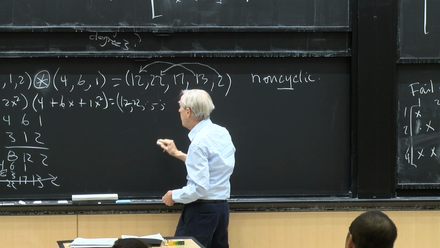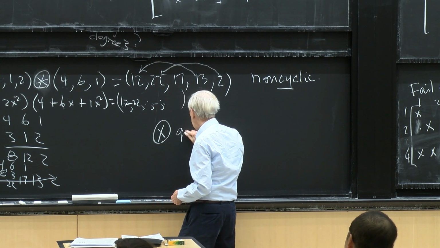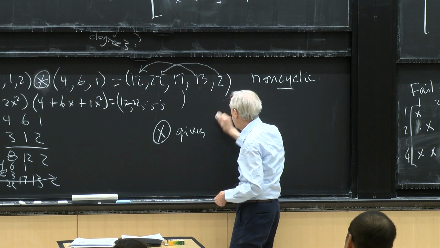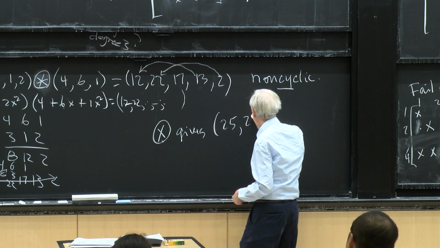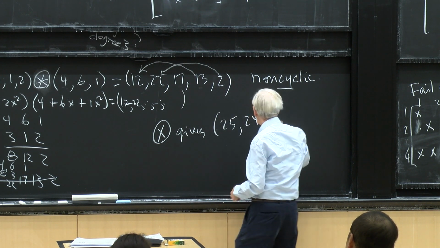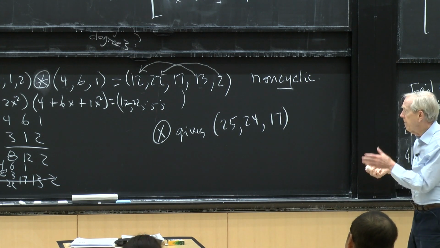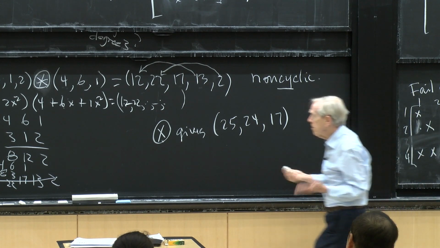So cyclic convolution gives 12 plus 13, 25, then 22 plus 2, 24, and the 17. I'm getting back a vector of length 3, just as I want.